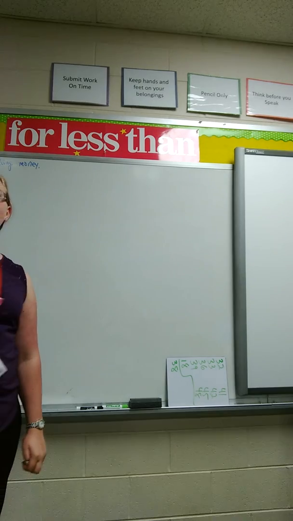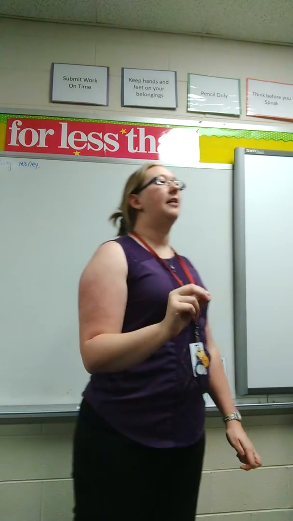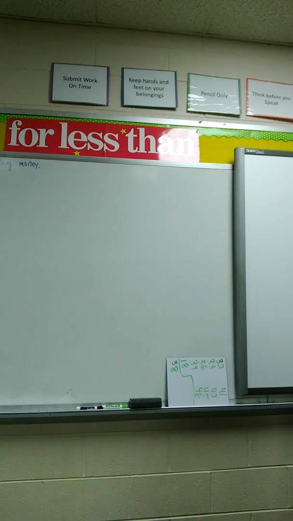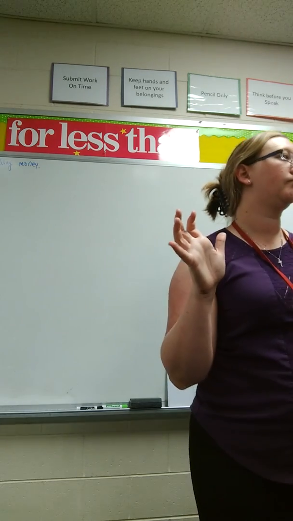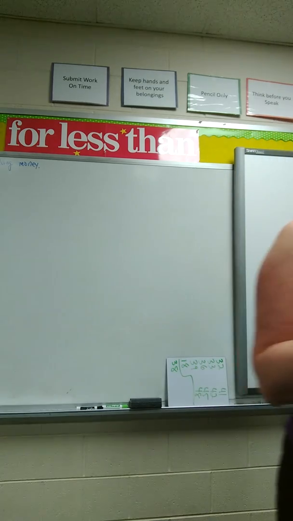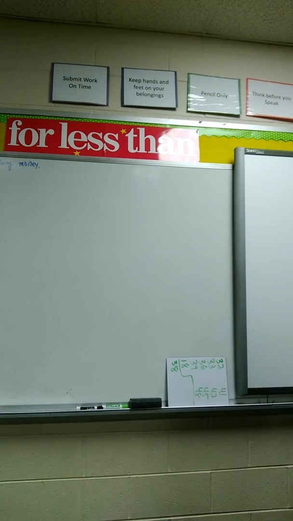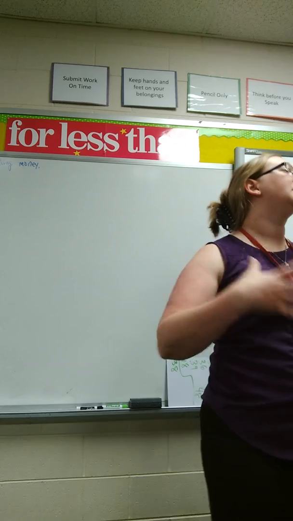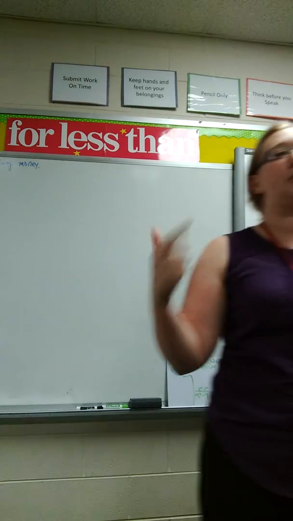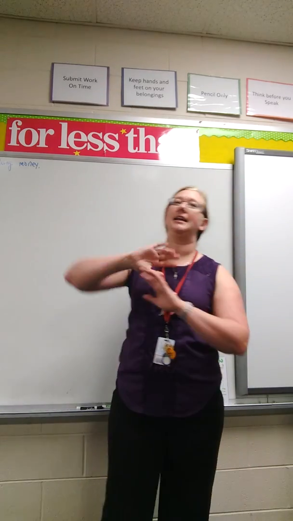A natural number is a value that is greater than 0, so 1 or higher, and does not have a fraction or a decimal. Okay, those are our natural numbers. We also call those counting numbers. So when we start to count, we start at 1 and we say 1, 2, 3, 4, 5, 6, 7, and so on.